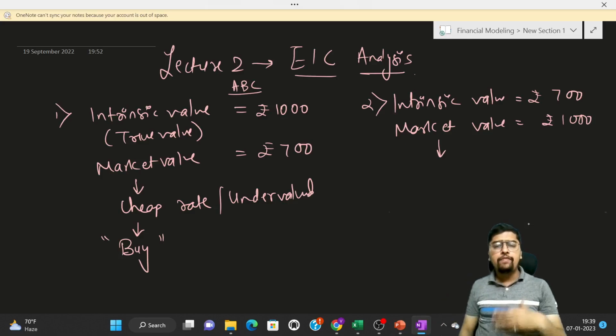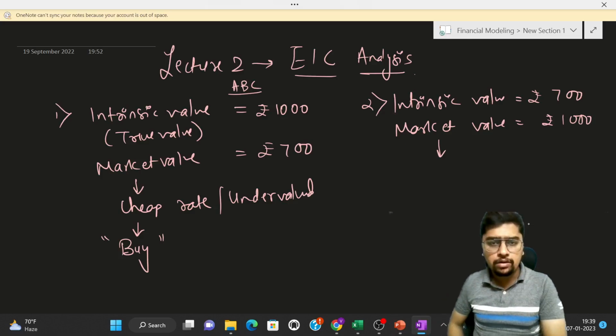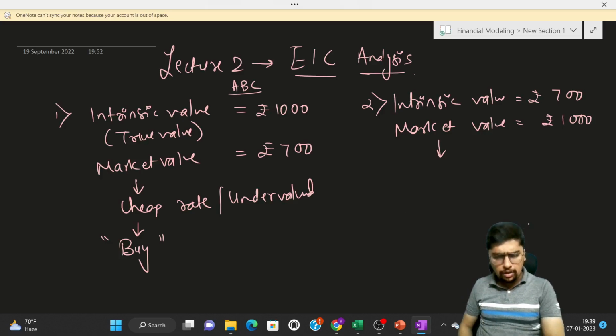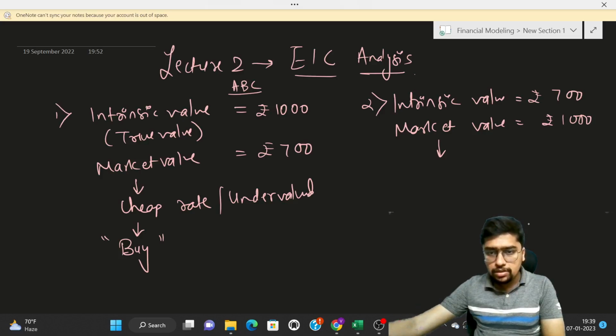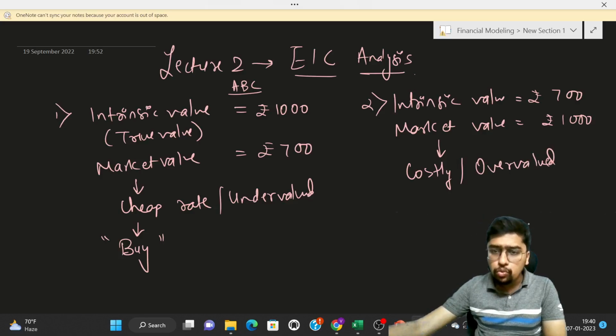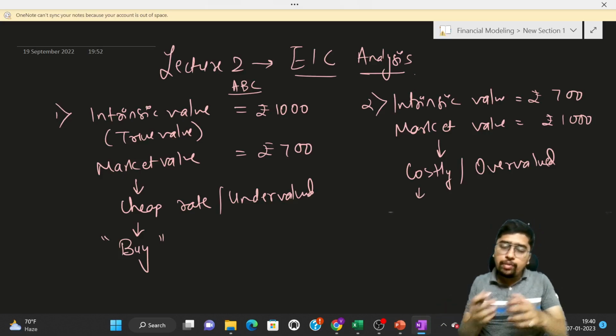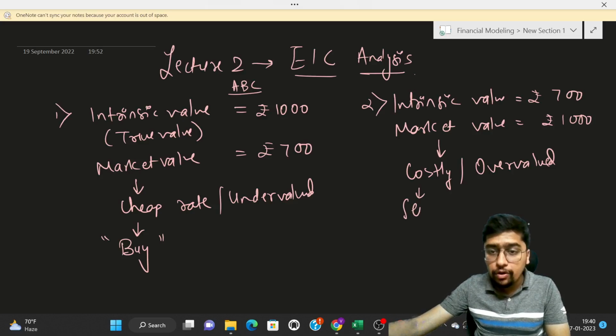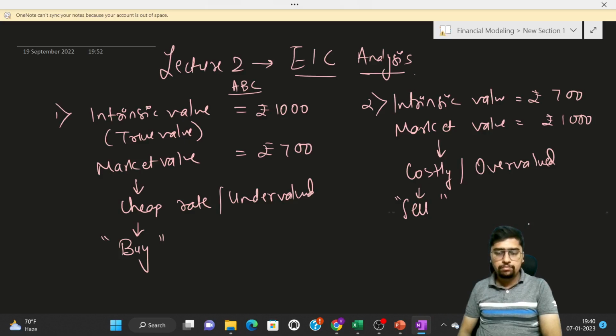What are you going to do if I give you a product which has a value of 100 rupees for 150? Are you going to buy it? No. In that case, such stocks are, we can say, costly, or they are overvalued stocks. What to do? As we purchased cheap stock, in the same way we are going to sell overvalued stocks.